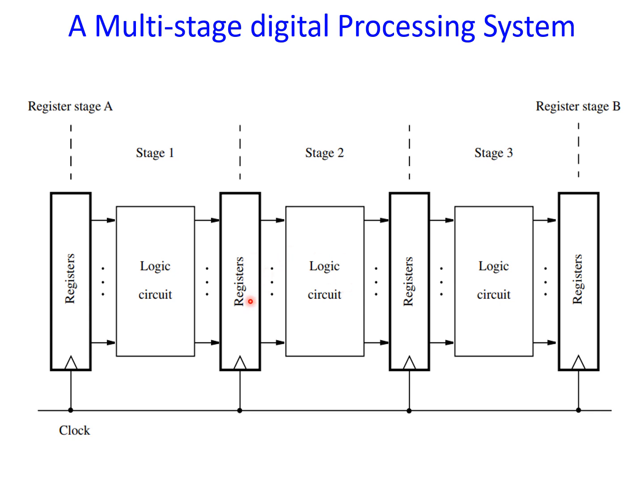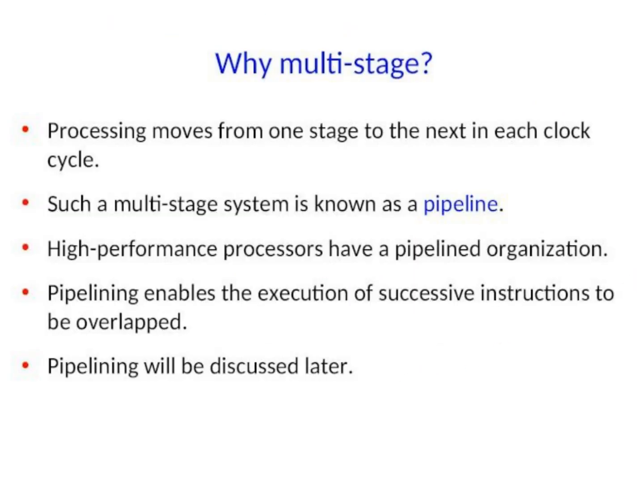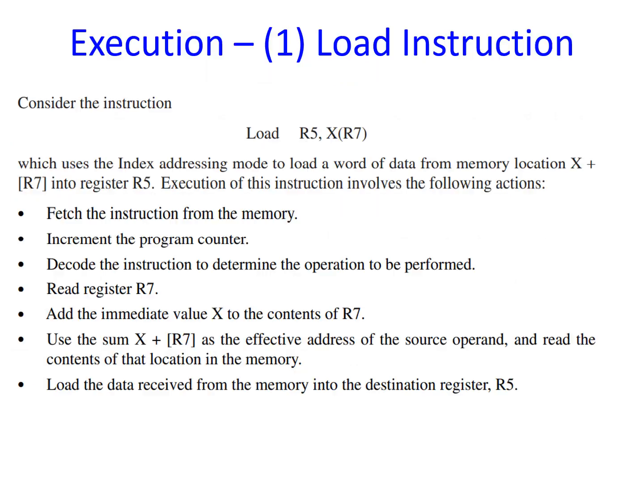Stage 2 takes its input from the buffer register, and likewise it goes on. So in pipeline processors, we use multi-stage processing, and it improves the efficiency of the processor.